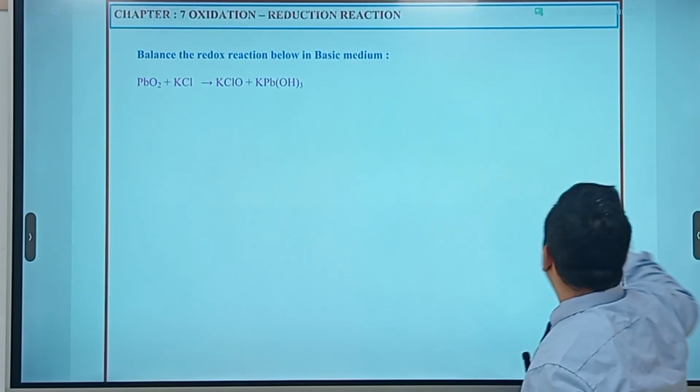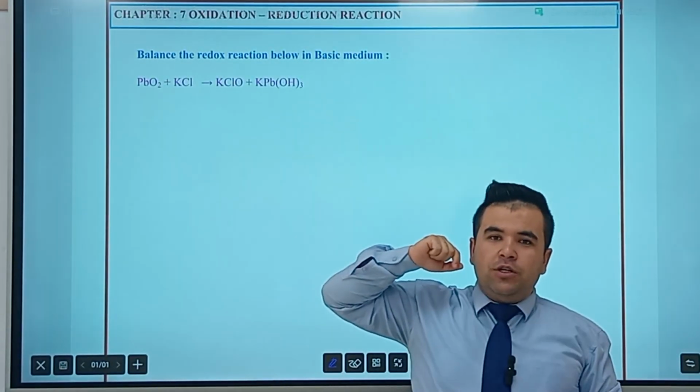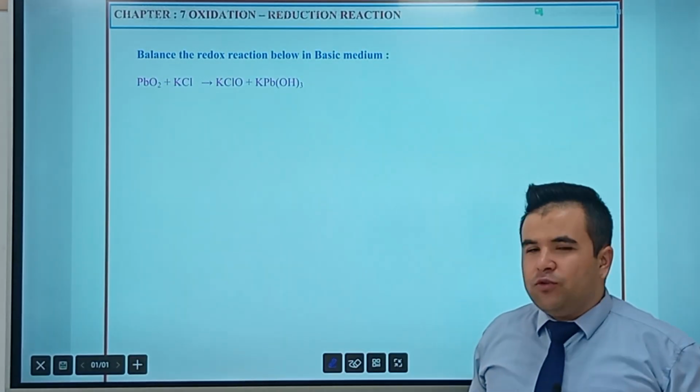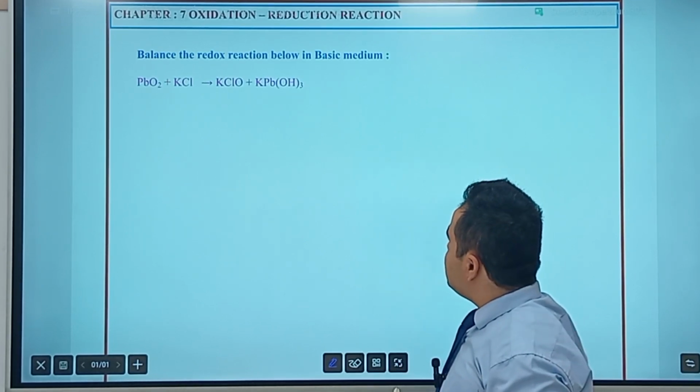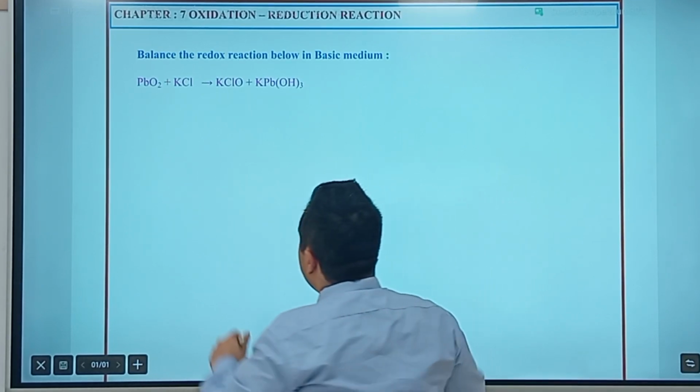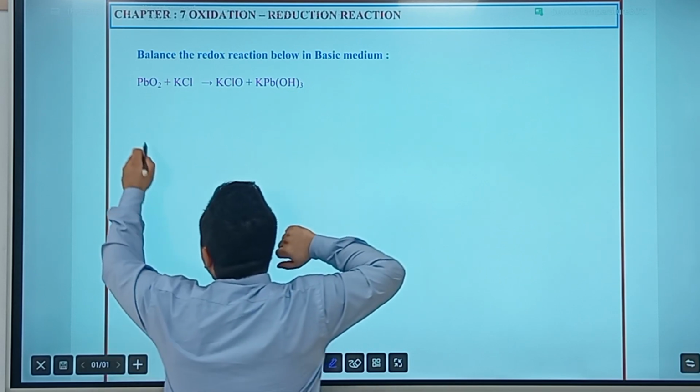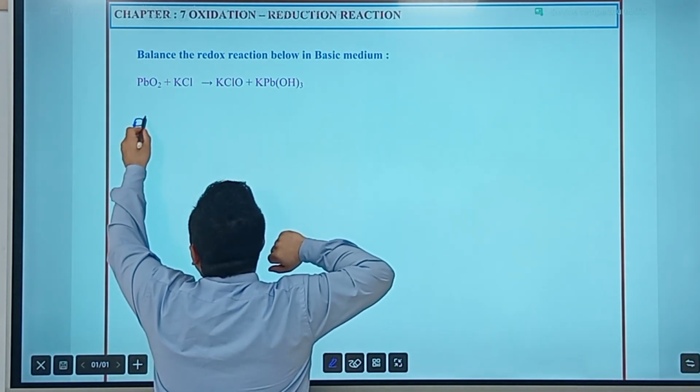Let us balance an example in basic medium. This question, I think in the chapter review, question number 20, guys, says balance this reaction in basic medium. This is the formula equation. Let us write the overall equation.